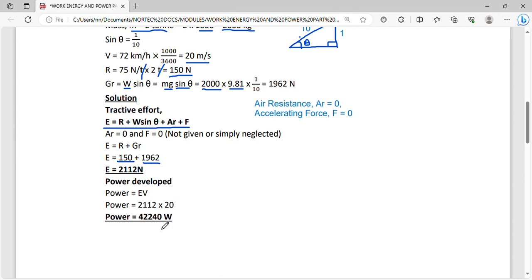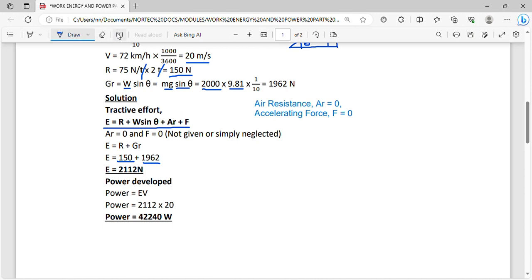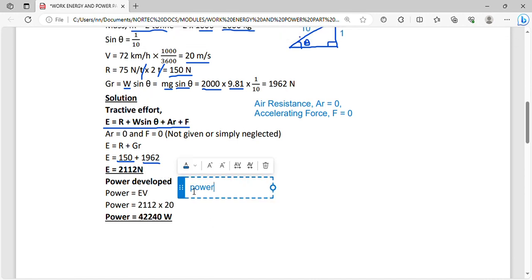Sure, sir. Awesome, thank you. So E is 2112 newtons. Now here, power. The normal formula for power that we know is work done divided by time.